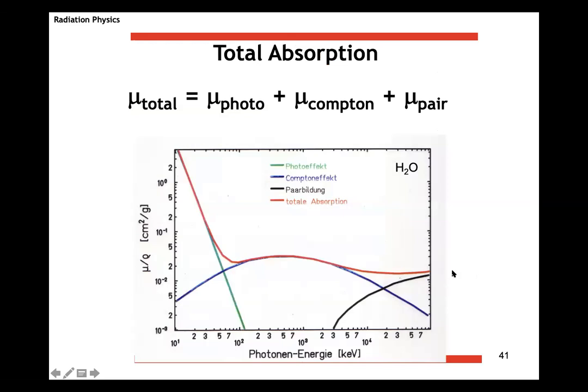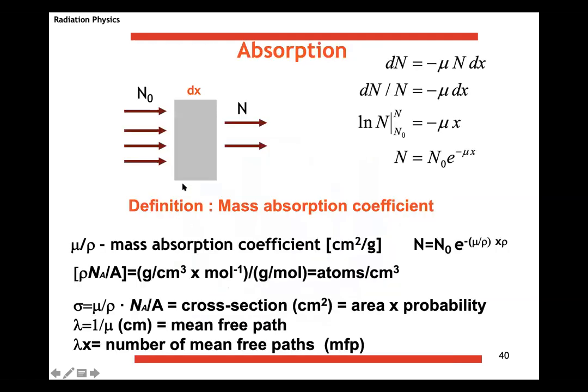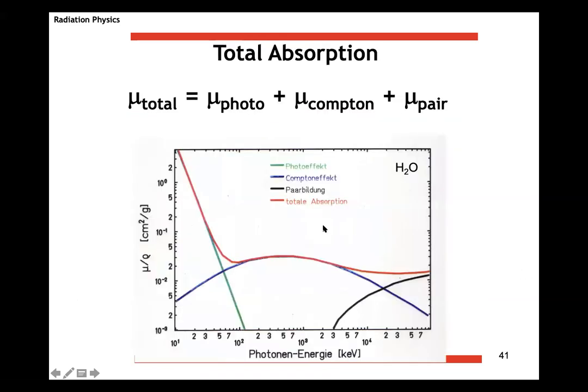Okay, now, the absorption coefficient for the photons as a function of the photon energy is given by this famous plot. You see, the absorption coefficient or the cross-section, the absorption coefficient is essentially proportional to the cross-section. It's the same thing because this is a constant. I mean, it only depends on the mass of the material.